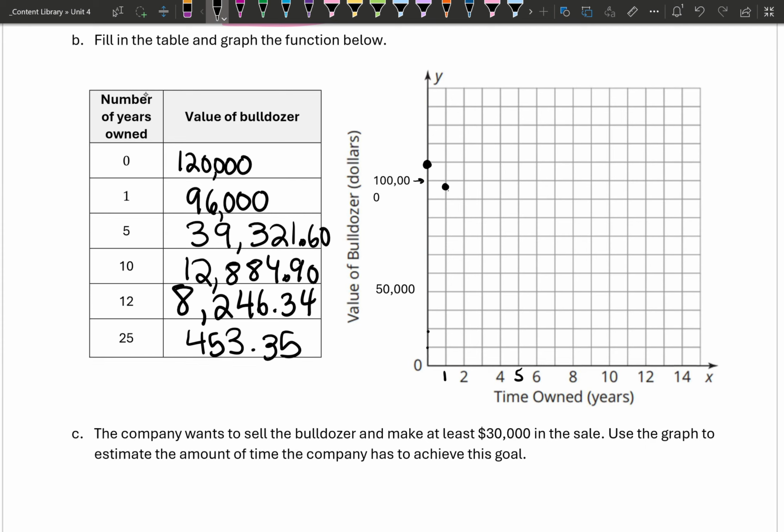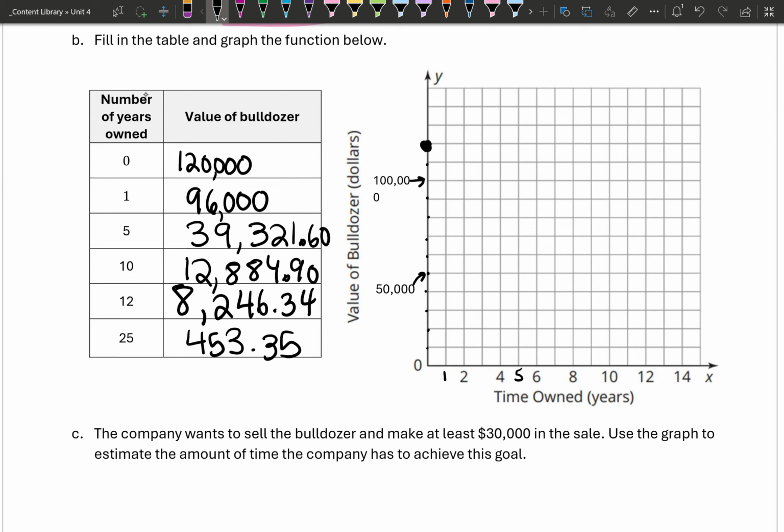So 10, 20, 30. Well, I think this got moved when I printed it. I'm going to recount these. All right. 5, 10, 20, 30, 40, 50, 60, 70, 80, 90, 100, 110, 120. Okay, better.